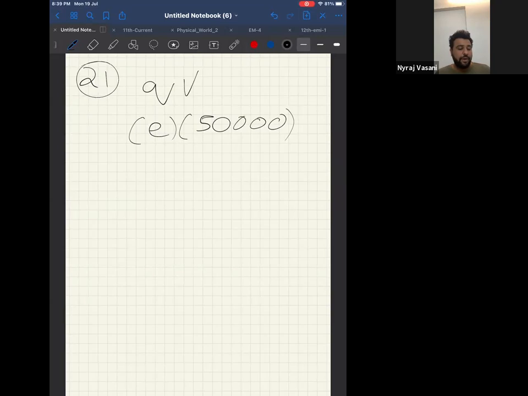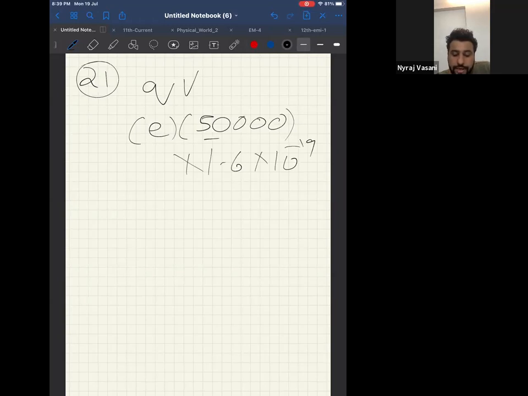Now tell me, if I want to convert this answer into joule, what should I multiply by? Can I say I should multiply it by 1.6 into 10 power minus 19?